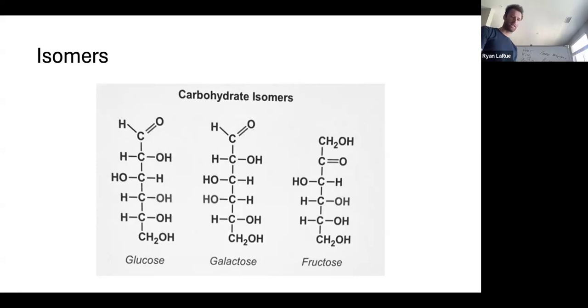So what do I mean by that? C6H12O6. They have the same number of atoms and the same number of different types of atoms, more specifically. But as you can see, they have different structures. And so that's the key with isomers. They have the same chemical formula.